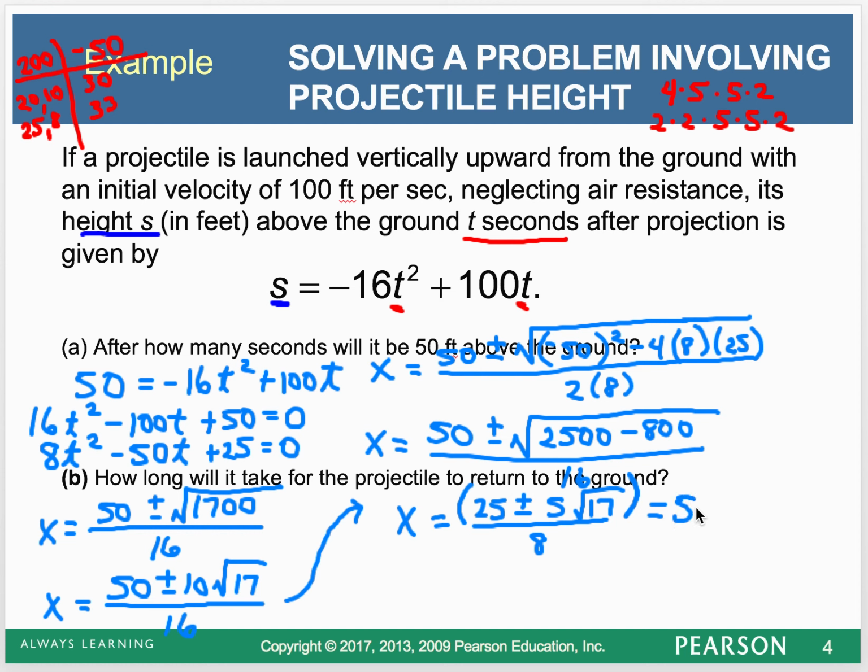So one of them is 5.7 feet, right? And the other one, if I put a minus in there, is 0.54 feet, 0.55 actually, if we're going to round to the tenth, let's make it 0.5.